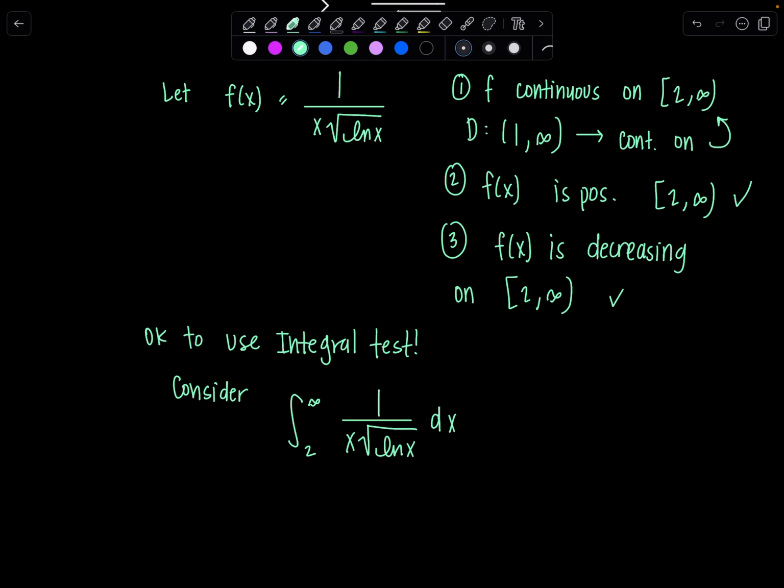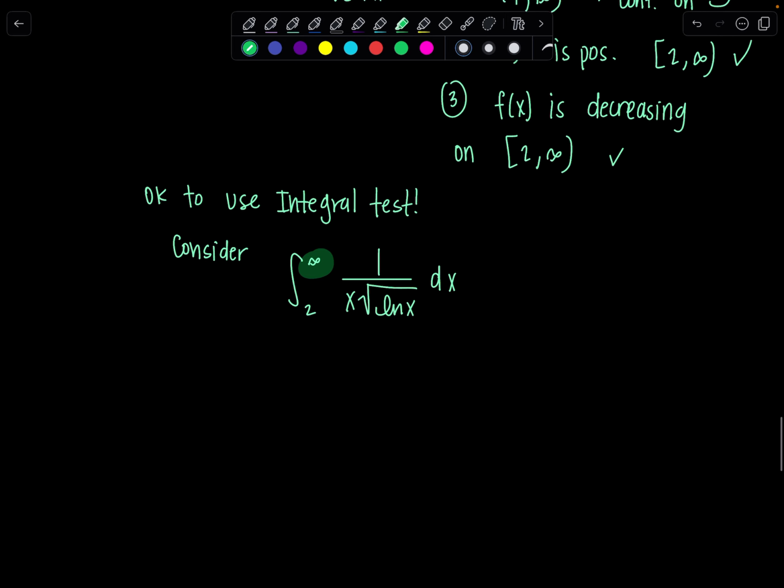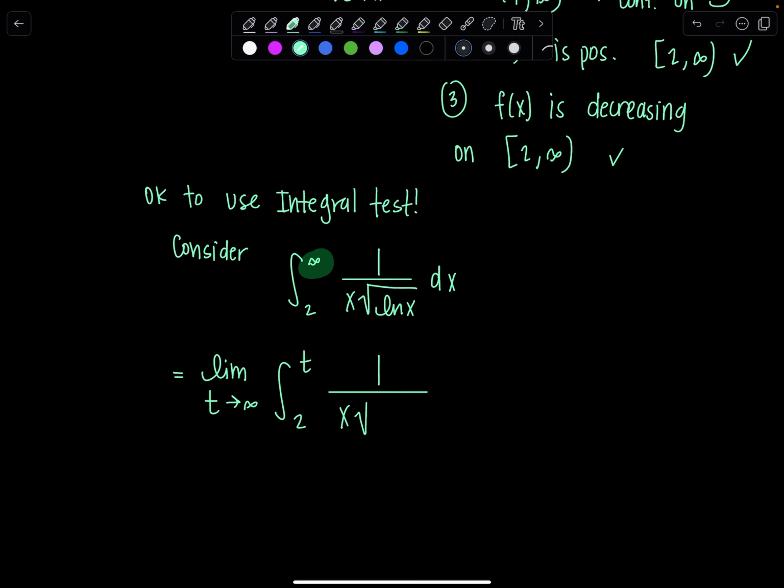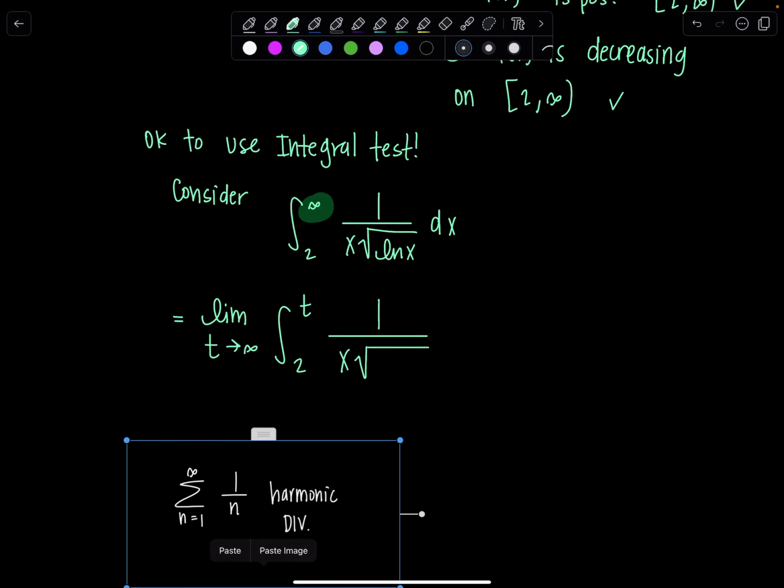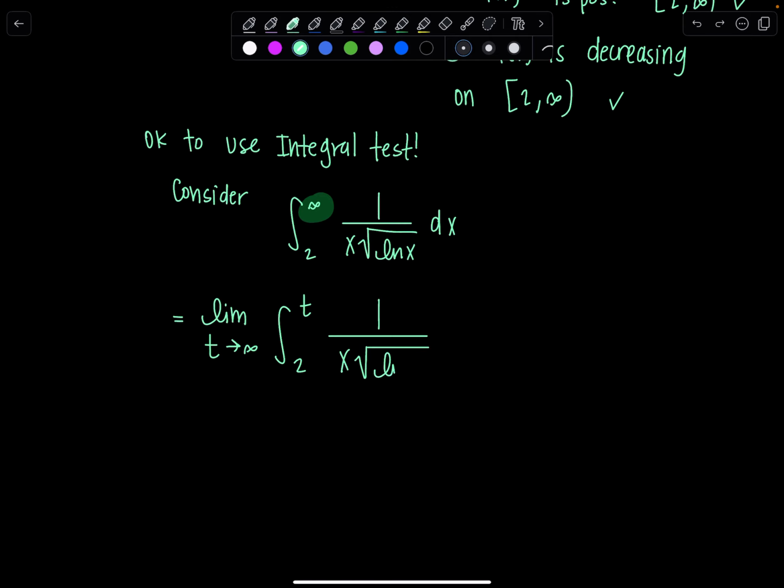And when you have an improper integral, the very first thing you need to do is rewrite it as a limit and get rid of that infinity up top. So we're going to rewrite this as the limit as t approaches infinity of the integral from 2 to t of 1 over x times square root natural log of x dx.